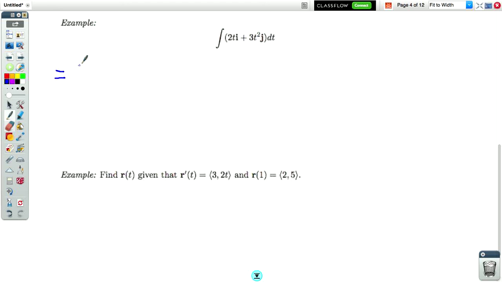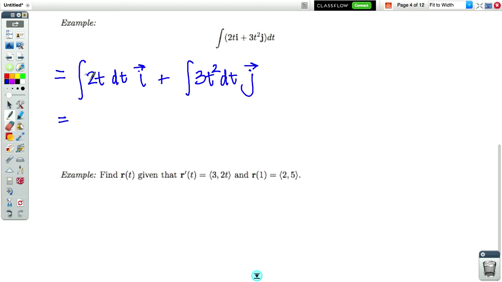So let's start this. Component by component, this is only a 2-component vector. So I'm going to integrate 2t dt for my first component, and I'm going to use vector notation with the i and the j here on this one, plus the integral of 3t squared dt times our second component j.